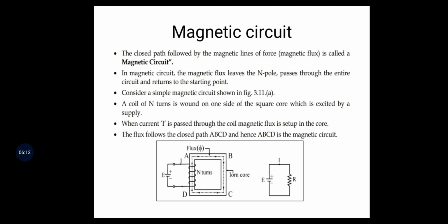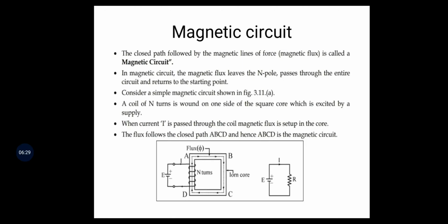The flux follows the closed path ABCD, and hence ABCD is the magnetic circuit. Here the ABCD path is the magnetic circuit.